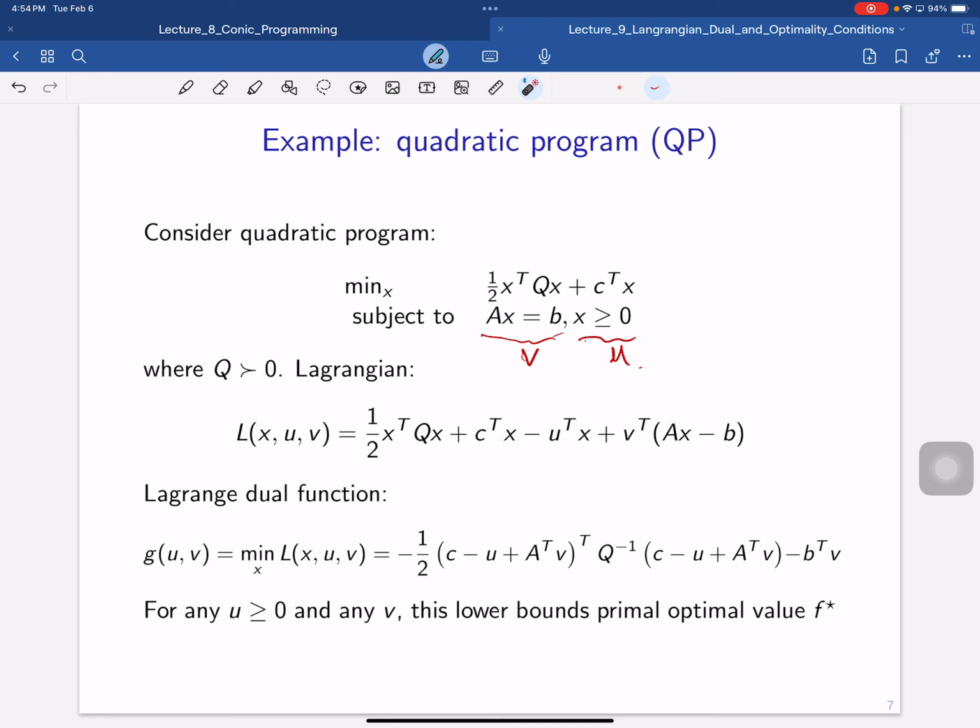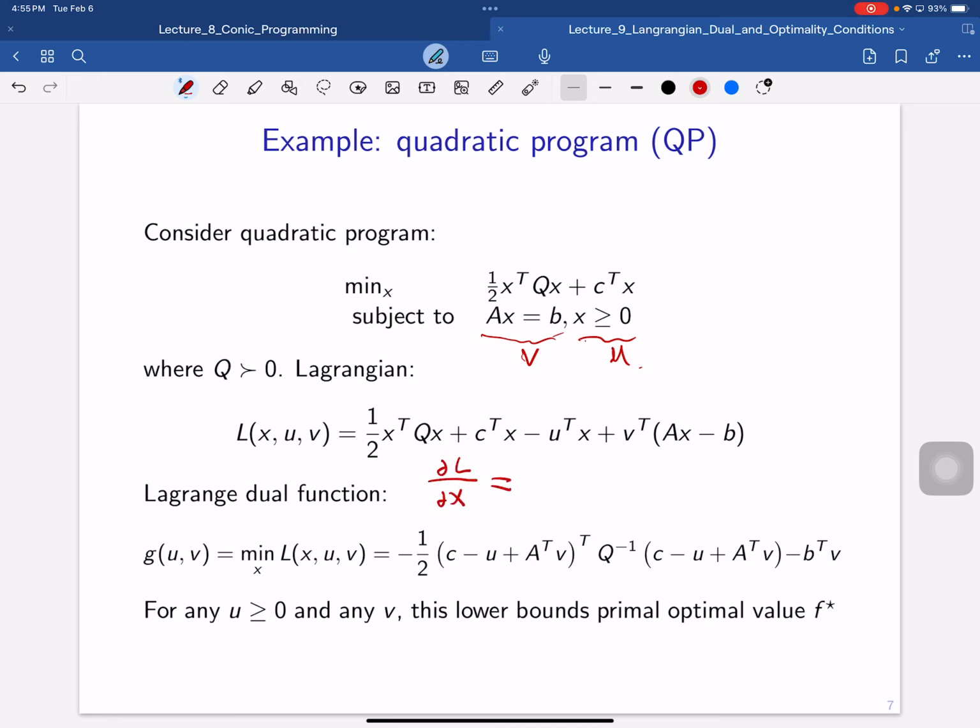So here's the result here. Yeah, so we just take the gradient and set the gradient to 0, right? Since it is a strongly convex function, we already talked about the optimality condition if the function is convex. So we just take the gradient of this function, basically partial L, partial x.